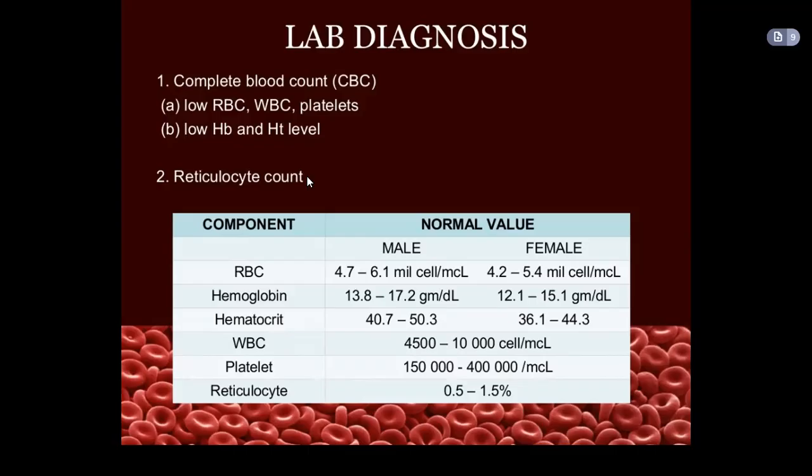So anytime there's hemolysis, you will see an increase in the amount of reticulocytes. So reticulocytes are supposed to be less than 2% under normal circumstances, less than 2% reticulocytes.